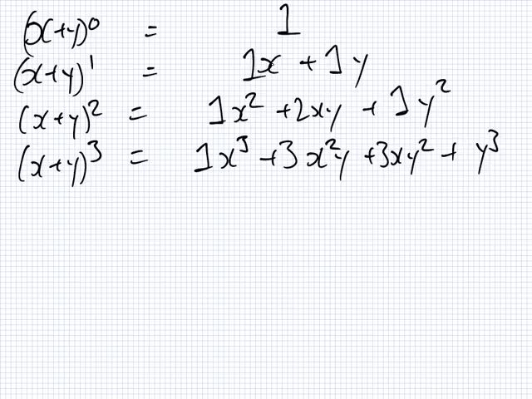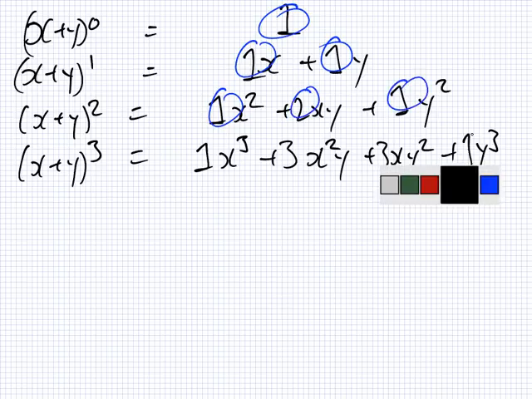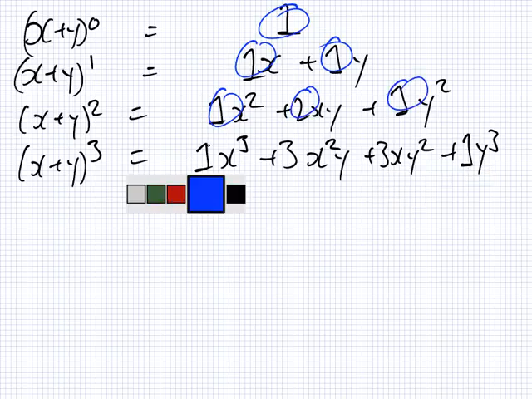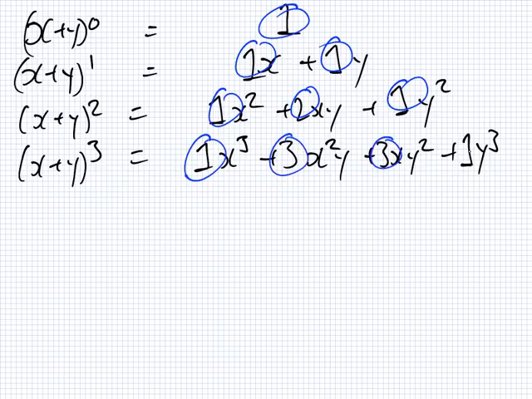So what I'm interested in are these numbers, the coefficients. Let me just write them down separately. So it's 1, 1, 1, 1, 2, 1, 1, 3, 3, 1.